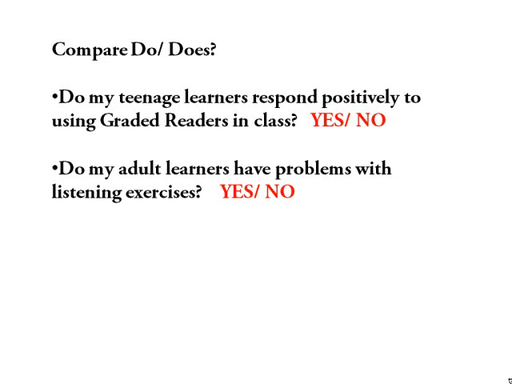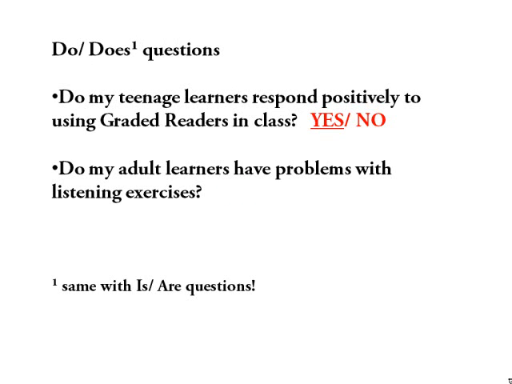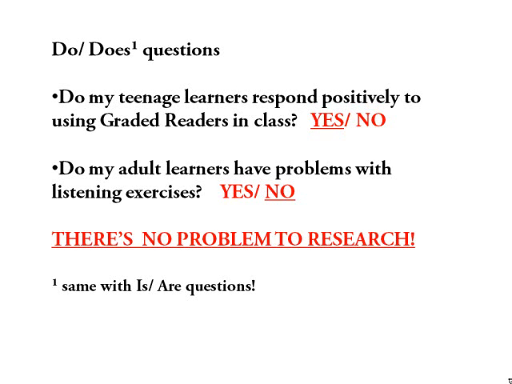When you do the research, what you find might be a lot more complicated. And of course, if the answer is yes to the first question and no to the second, well, there's no problem. There's no problem to investigate or no puzzle. This is the same with all yes or no questions. So I would stick to using how or what.